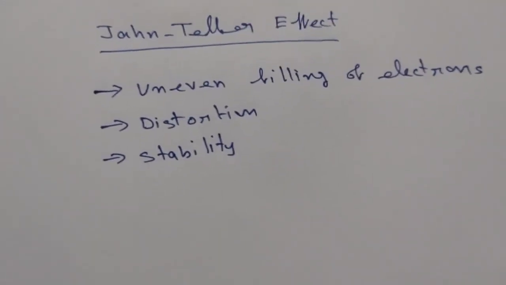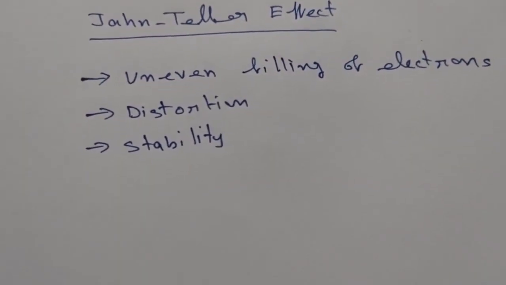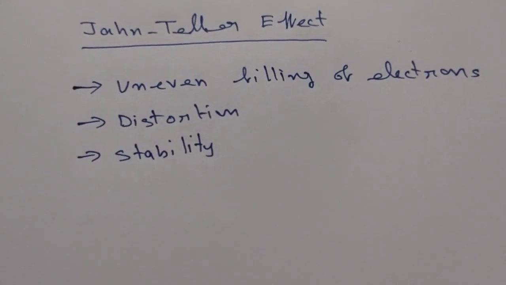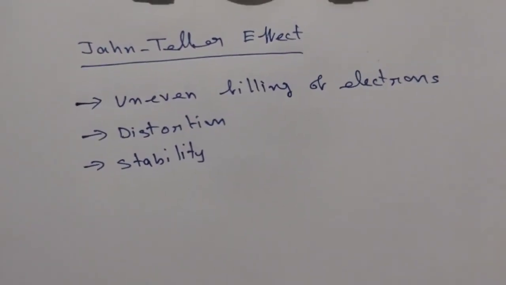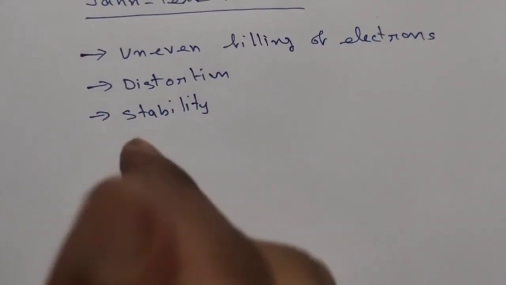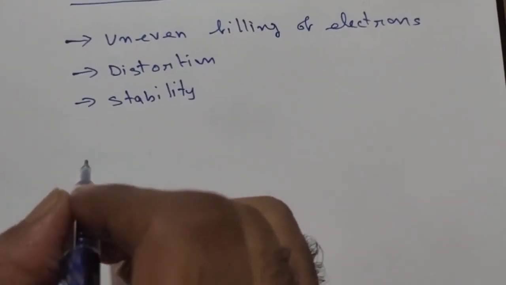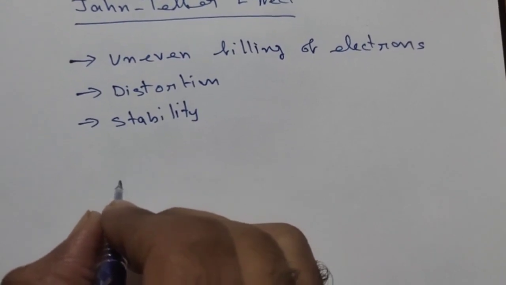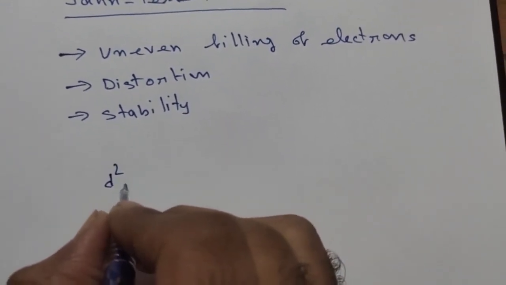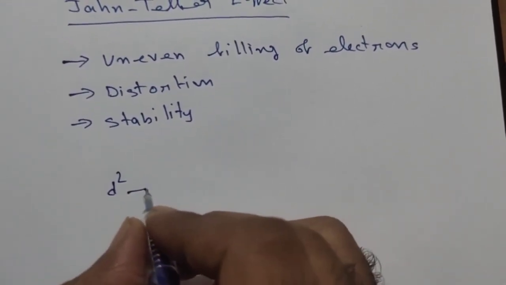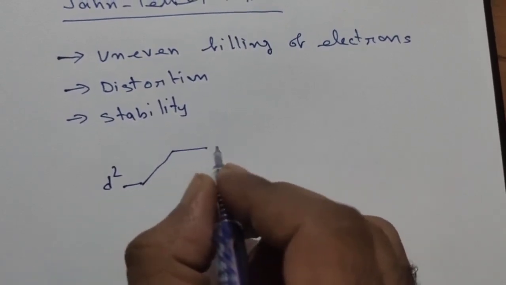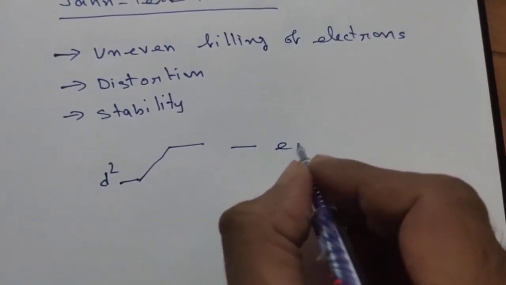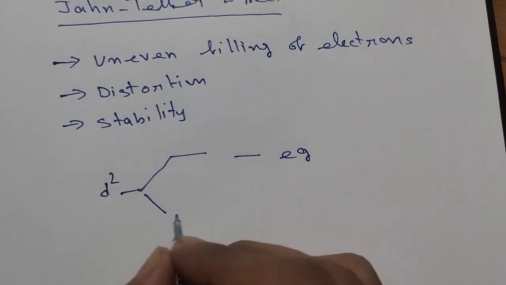Now let's discuss how all these take place in the system. For this we need to understand that during complex formation the d orbital set splits into two subsets of orbitals, namely Eg and T2g.